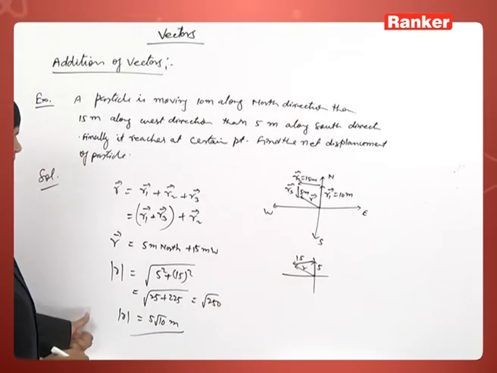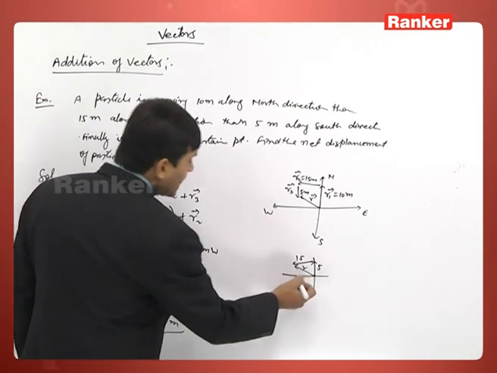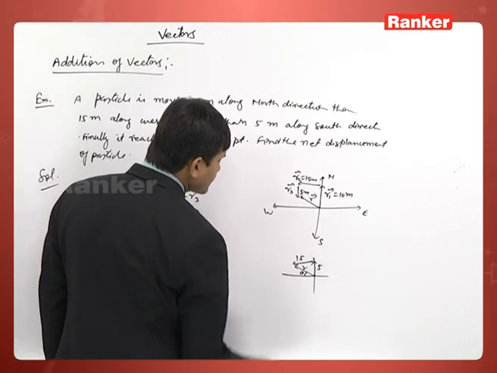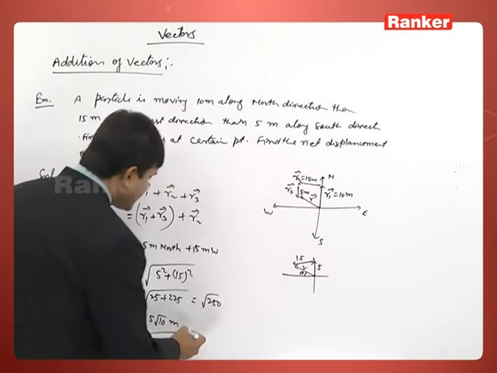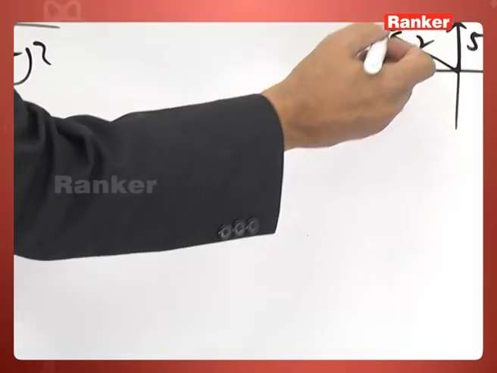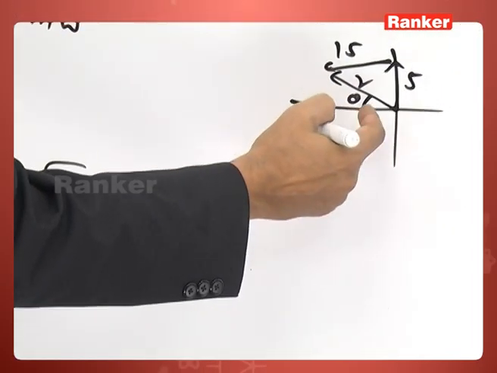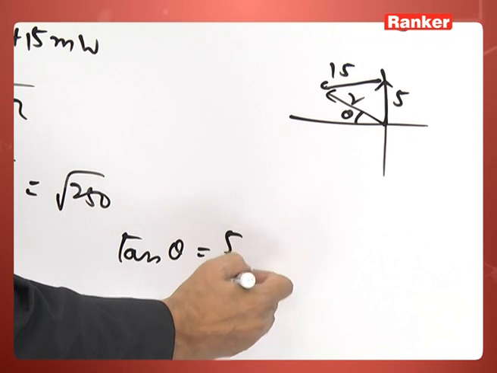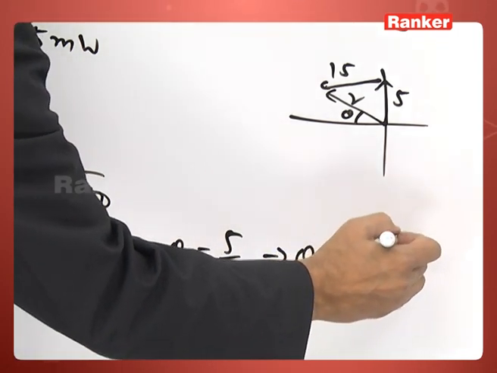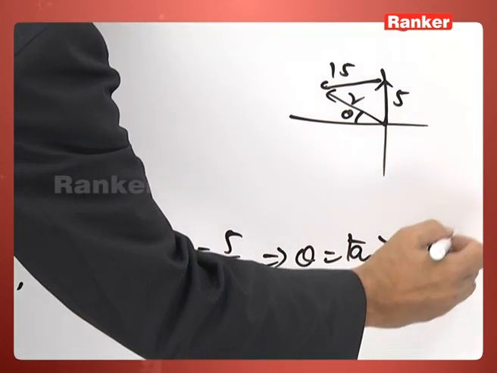So, this is the net displacement R, and let this angle be theta. Tan theta is 5 by 15, or theta is tan inverse 1 by 3.